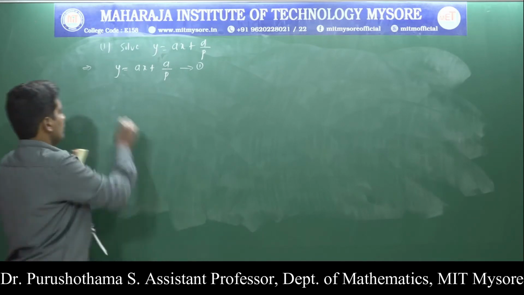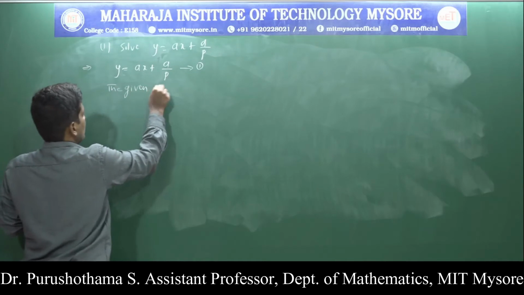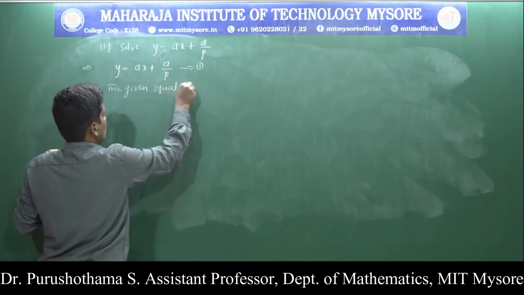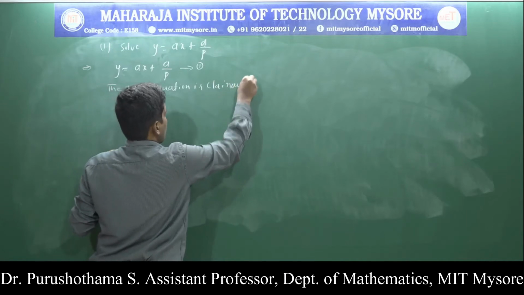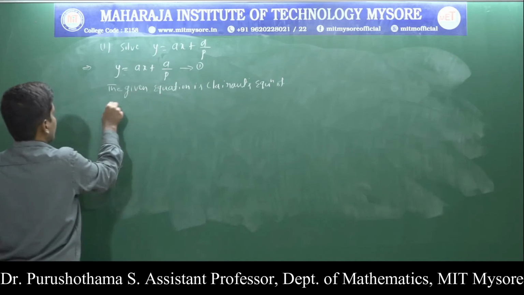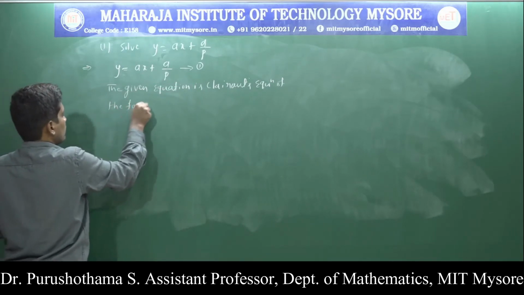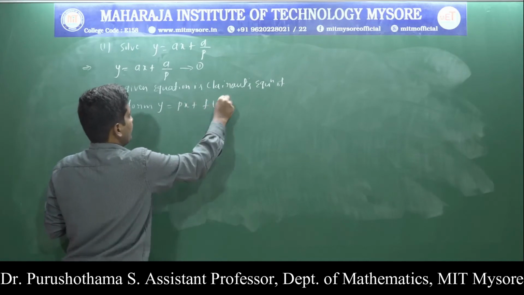The given equation is Clairaut's equation of the form y is equal to px plus f of p.